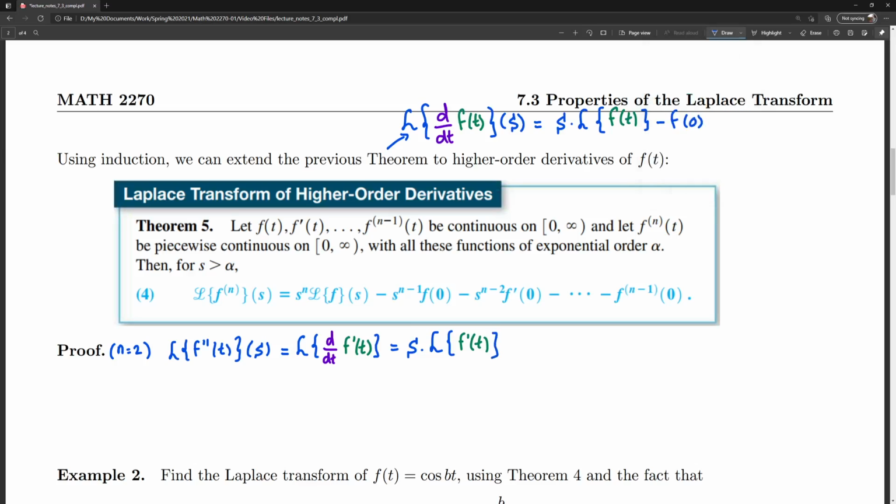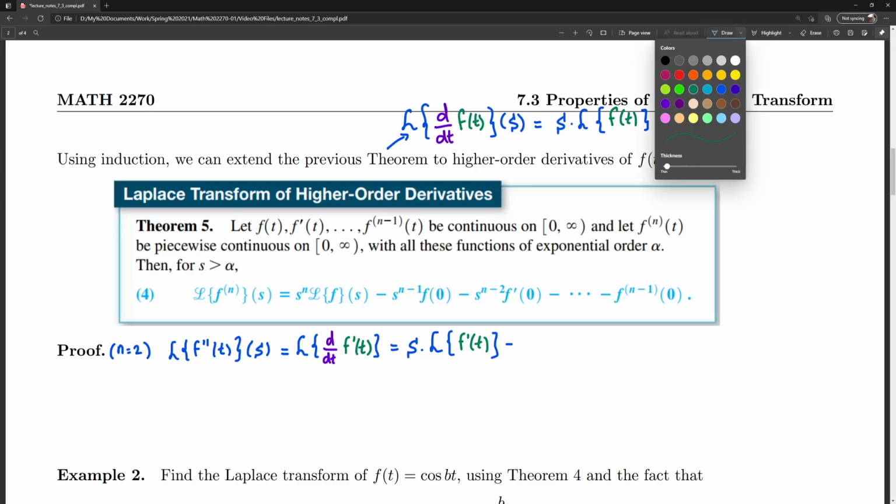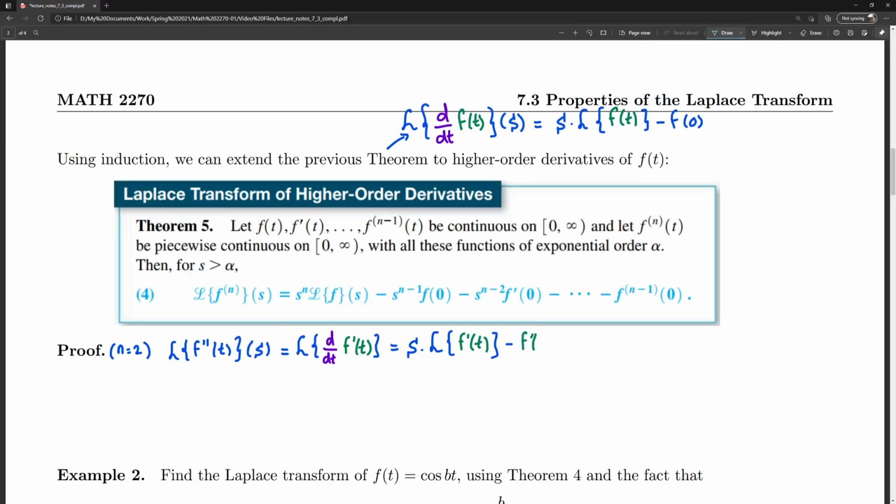And then we do not subtract f of 0 because we used f prime here. So we're going to subtract f prime of 0. So now here comes the induction part. We can now rewrite this part, the Laplace transform of f prime, again using that original theorem.